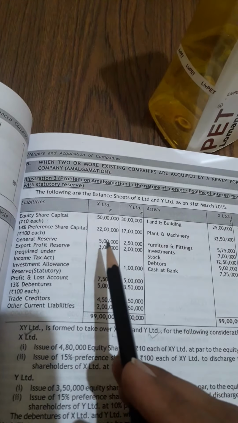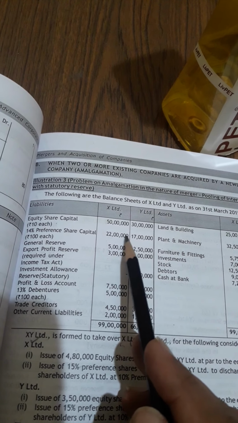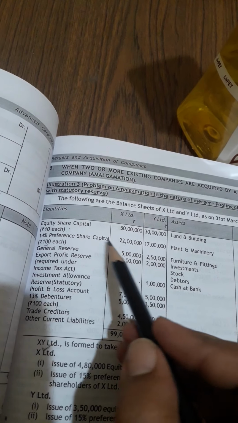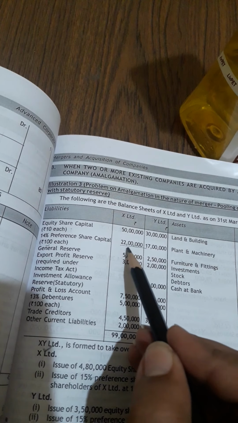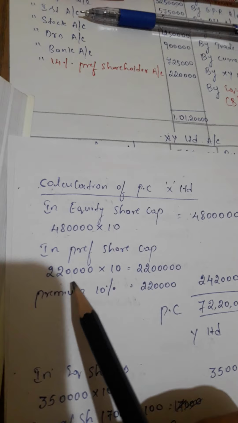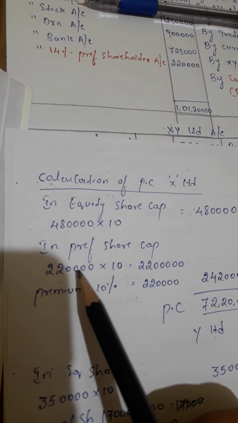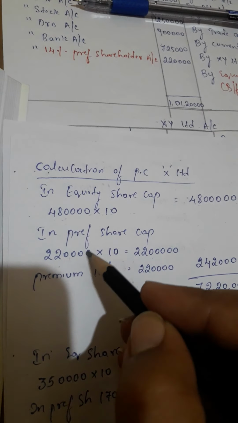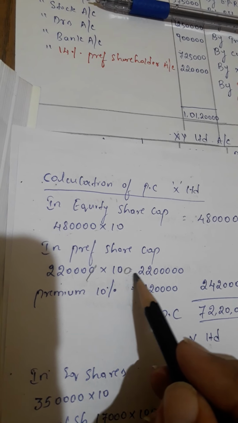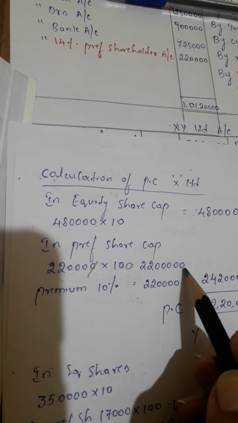The total value they have given is 22 lakh, 100 each. 22 lakh divided by 100, it will come to 22,000. In preference share capital, 22,000 preference shares of rupees 100 each. This is 22 lakh.